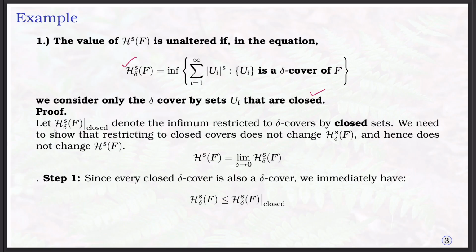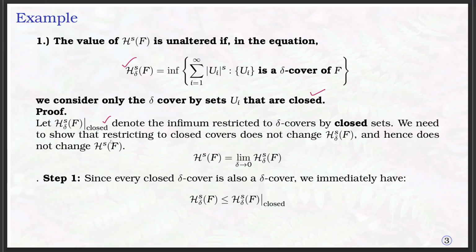Now, let the symbol H delta power S of F restricted to closed denote the infimum restricted to delta covers by closed sets. We are covering F by closed sets and finding the diameters. Likewise, we can cover by many collections, and among all the collections you can take the minimum, which we call H delta S of F restricted to closed sets.